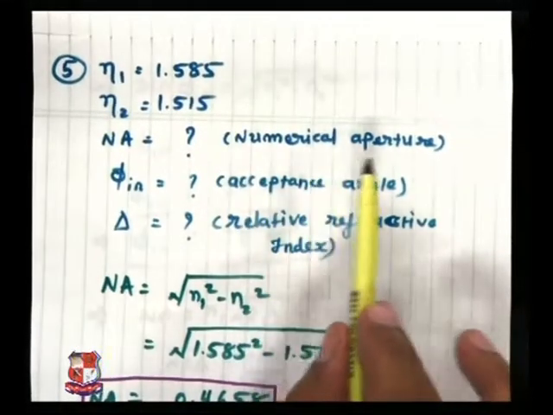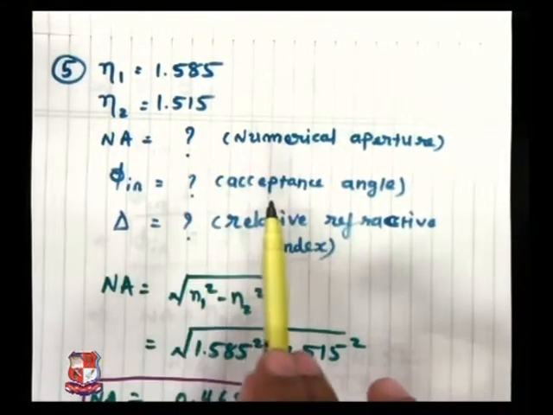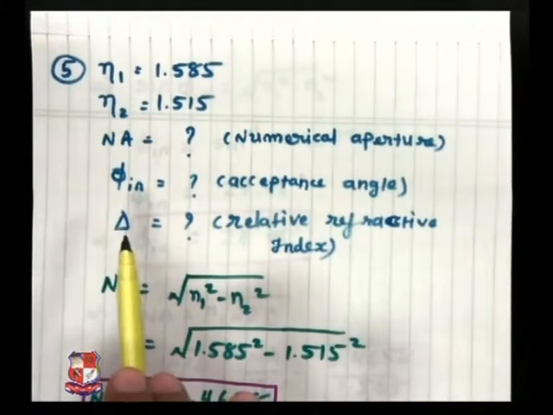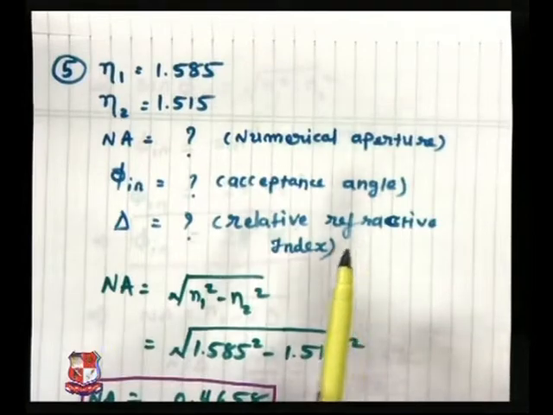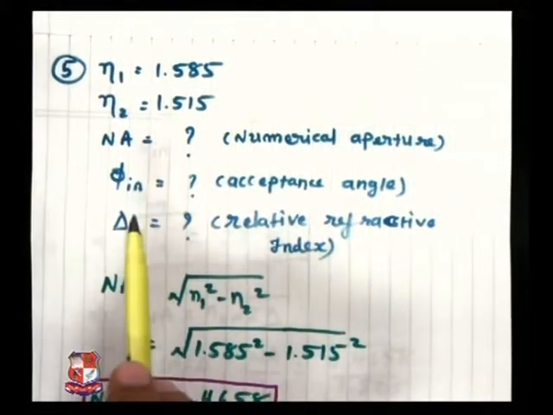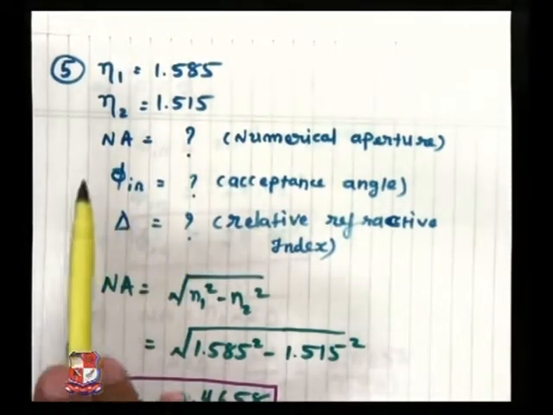NA represents the numerical aperture of that optical fiber, phi in represents the acceptance angle of that optical fiber, and delta represents the relative refractive index. So these are the three quantities which are to be calculated in our numerical.